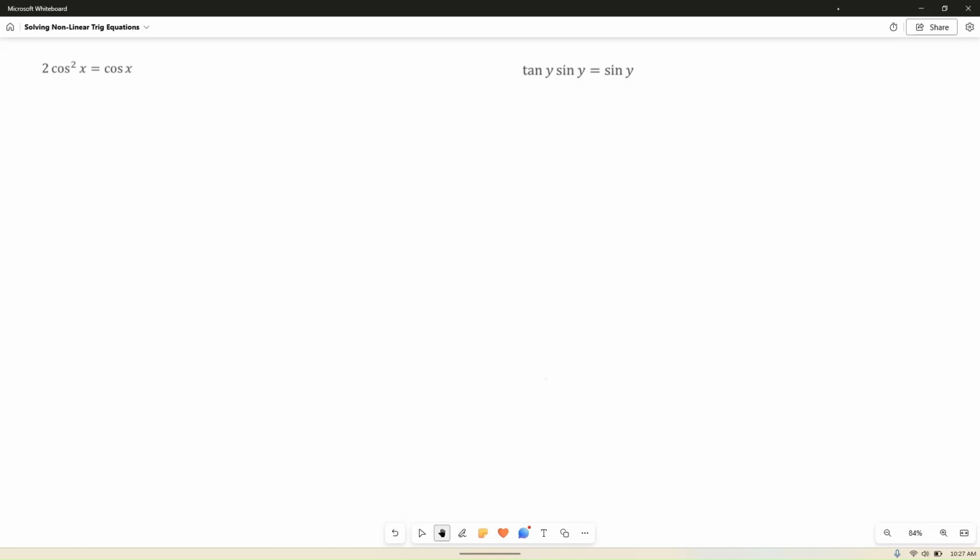Our first one is 2 cosine squared of x is equal to cosine x. Just to step aside, I want to work through a similar example and show what we don't want to do. Let's ignore the cosine for the moment and think about 2x squared is equal to x.